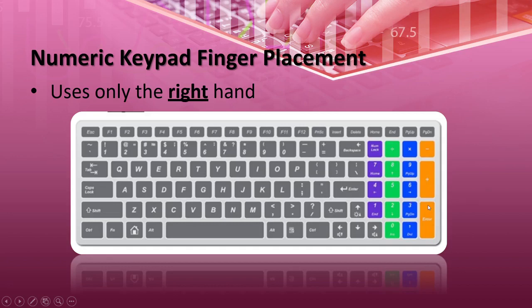The little finger of the right hand. Why do we use the right hand here? Because it is the right side of the keyboard. So these are all the keys placed on the keyboard, and we press them with different fingers using the different colors.